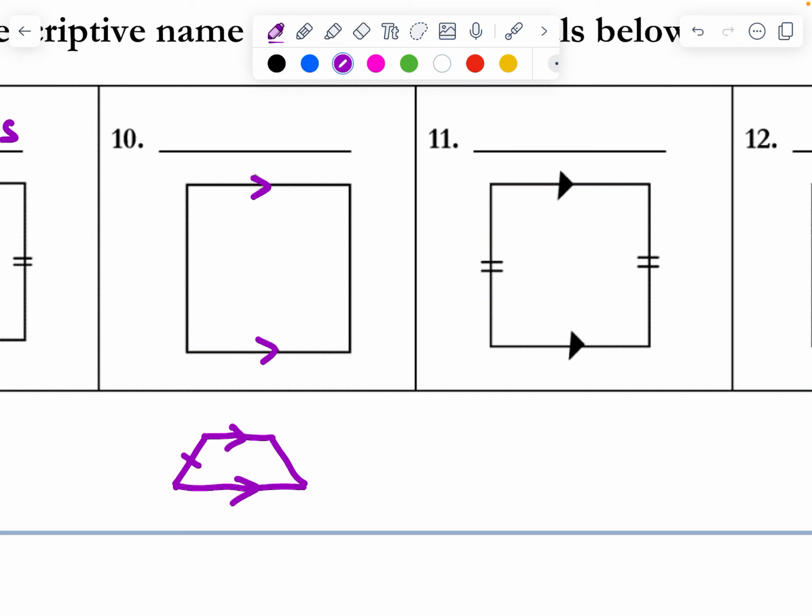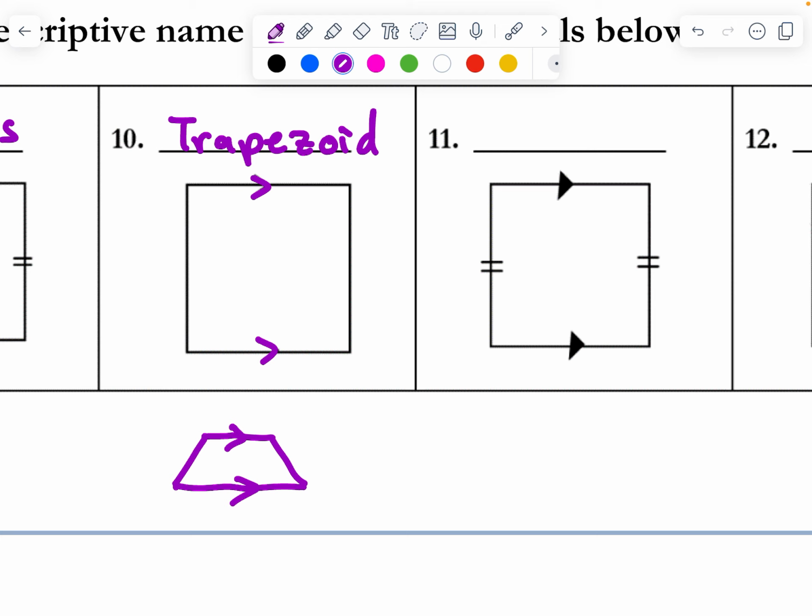And if these two are congruent, then it's an isosceles trapezoid. But since they're not, the only thing we can really say is that this is a trapezoid. They have one pair of parallel sides, and remember, when we have that, we can say it's a trapezoid, and it could be an isosceles trapezoid or just a regular trapezoid.